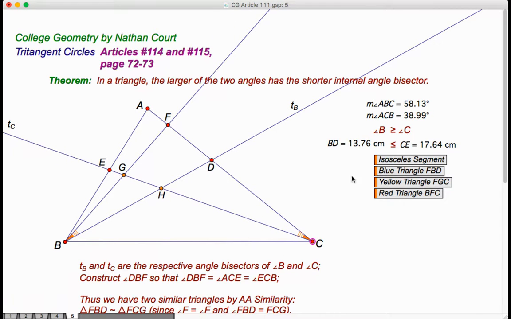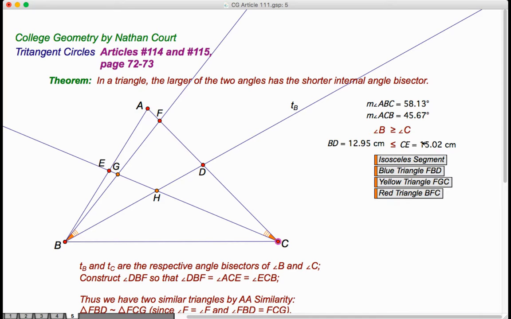So anyway, if angle B is larger in value compared to angle C, then the corresponding angle segment bisectors, or internal angle bisectors, are also unequal, but this time the inequality will change from greater than to smaller. 13.6 is smaller than 17.6, and in this case 12 is smaller than 15.